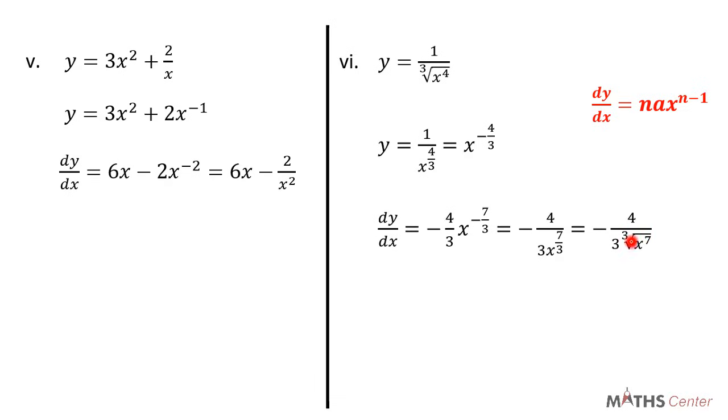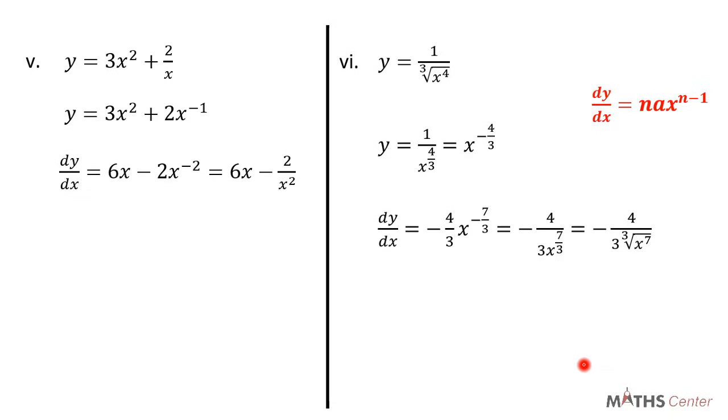And so this whole thing becomes negative 4 divided by 3 times the cube root of x exponent 7. As you can see, we are applying a lot of the things we learned in the lesson on indices here. So I would advise that if you need to revise that lesson, you can go and revise it so that you understand what we are doing here.